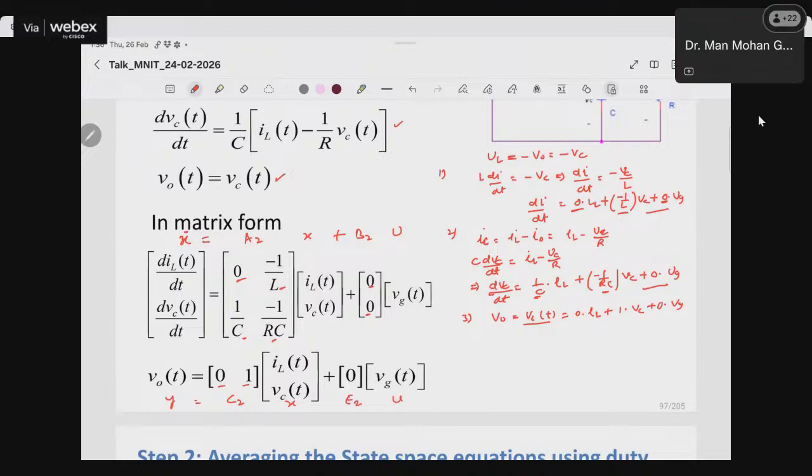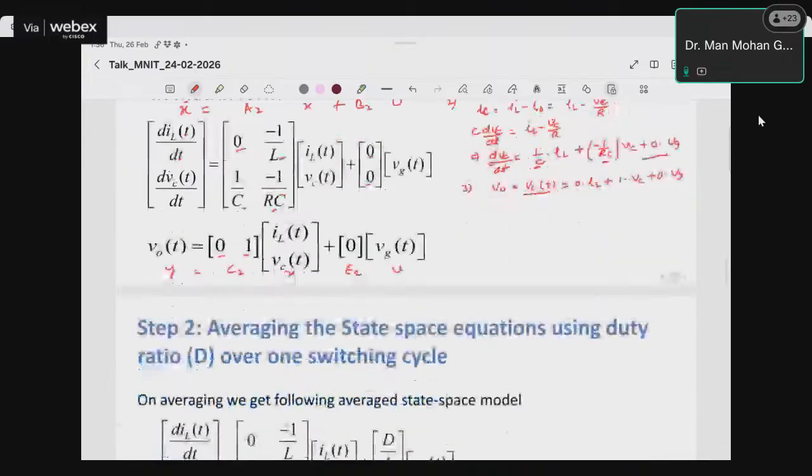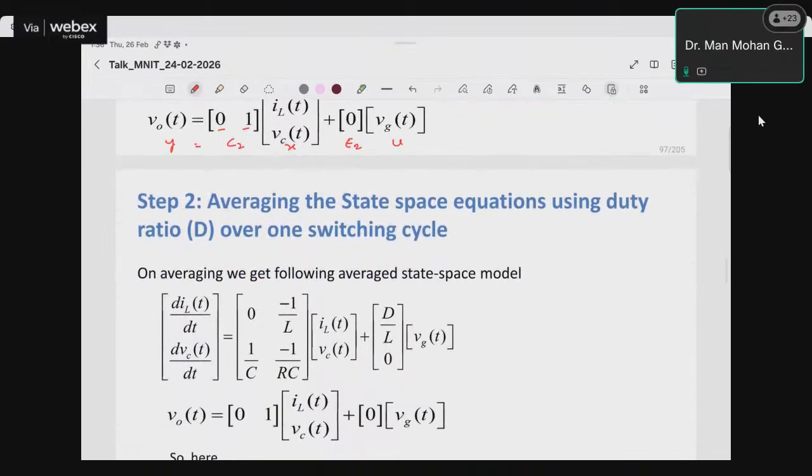So just to explain, I have taken time, but just by looking at the equations itself, we can directly write these matrices, right? So once these matrices are obtained, now our job is easy. The next job is the averaging. We do the averaging of these equations.